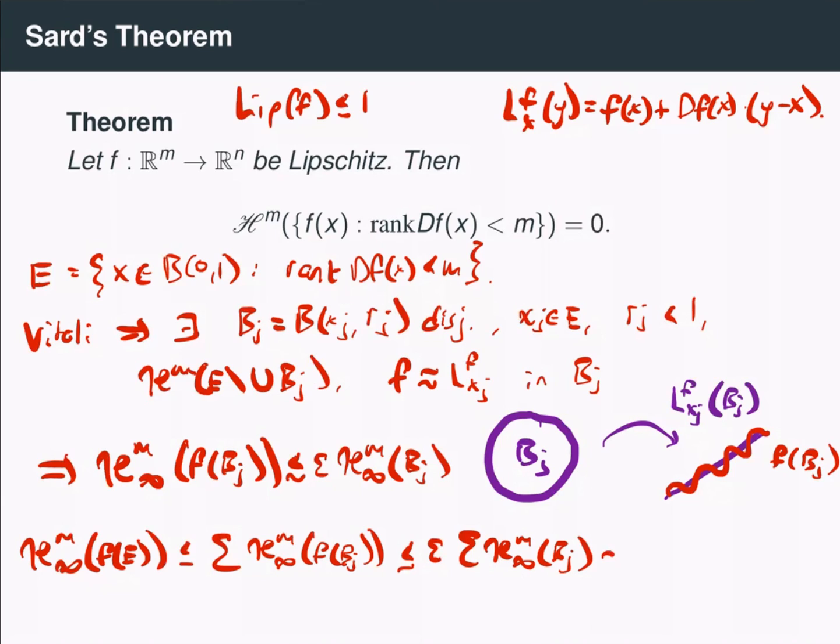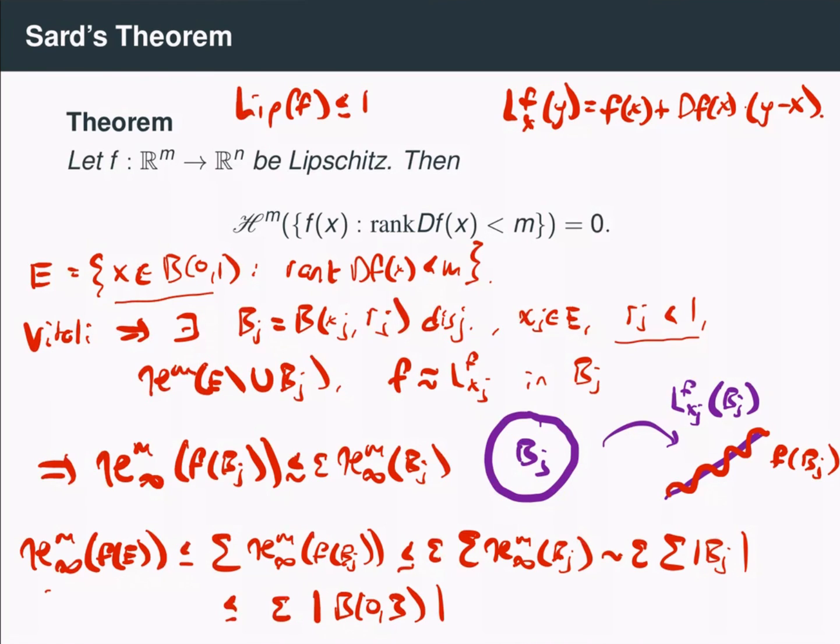So this is actually comparable to epsilon times the sum of the Lebesgue measures of these balls B_j. And because I picked the radii of the balls to be less than 1 and the centers are inside the unit ball, that means that this is a union of disjoint balls inside the ball centered at 0 of radius 3. So this is at most epsilon times the Lebesgue measure of the ball centered at 0 of radius 3.